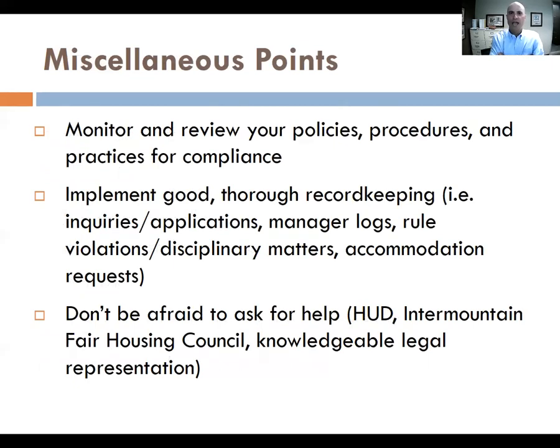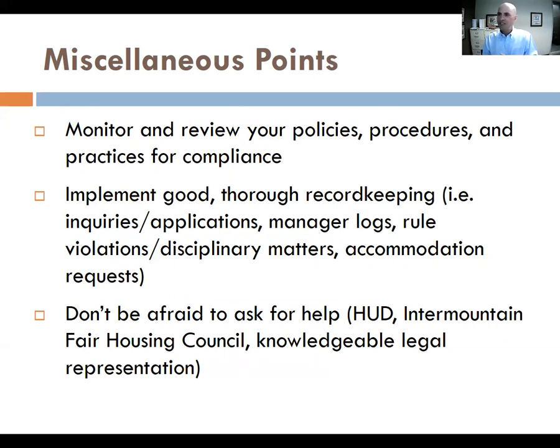Miscellaneous points. Have your policies, procedures, and practices and monitor and review those so that they're up to date. Good record keeping. One of the things that Eric Stephen and I preach over and over is that if you find yourself on the wrong side of a HUD complaint, then the first thing the attorney is going to want to know is documentation, documentation, documentation.